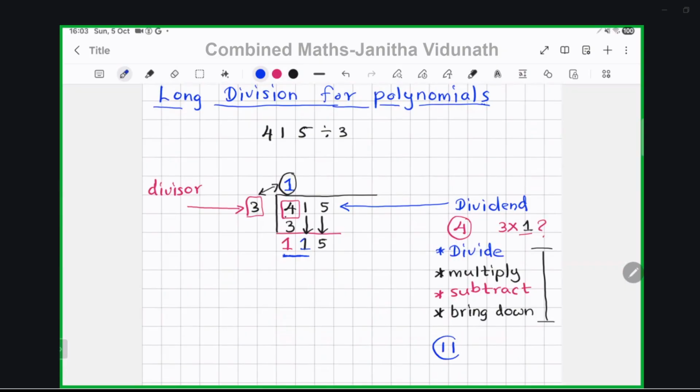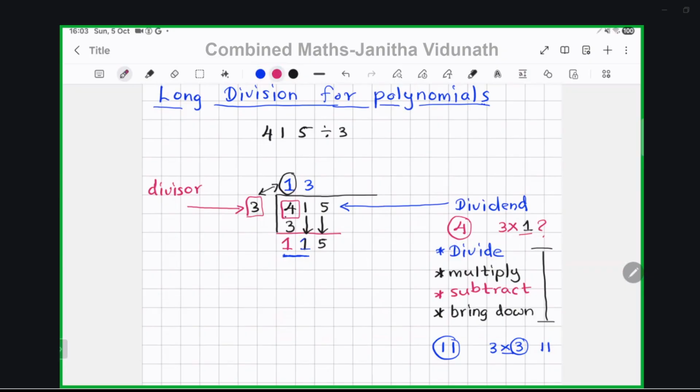Then we need to find how many threes are there inside the 11. Simply, we can have only 3 threes inside the 11. Then we put that number on the upside of the division mark.